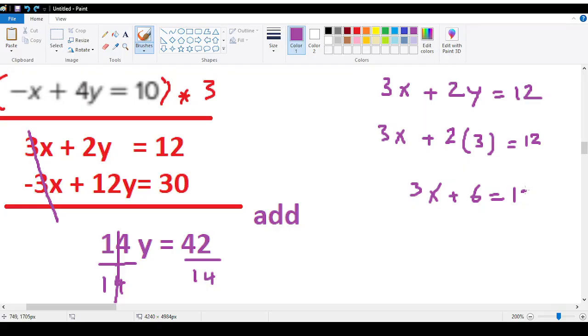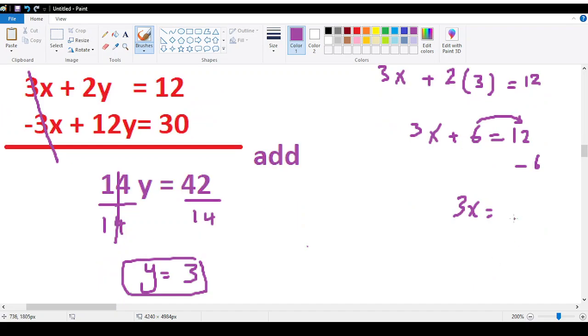Now move the 6 to the other side, so it will become minus 6. So it's gonna be 3x equal 6, and then divide by 3. Correct. And in the end we will end up with x equal what? 2. Excellent, very good Shamsa.